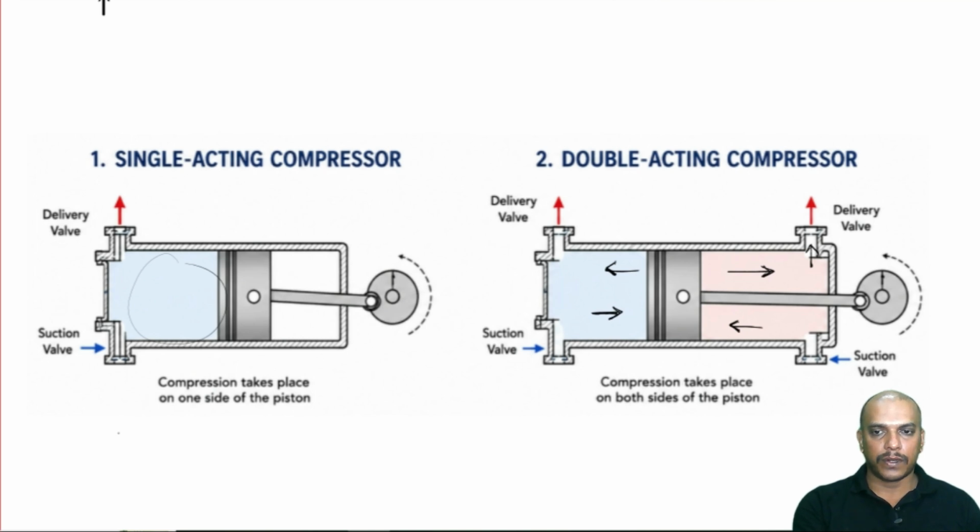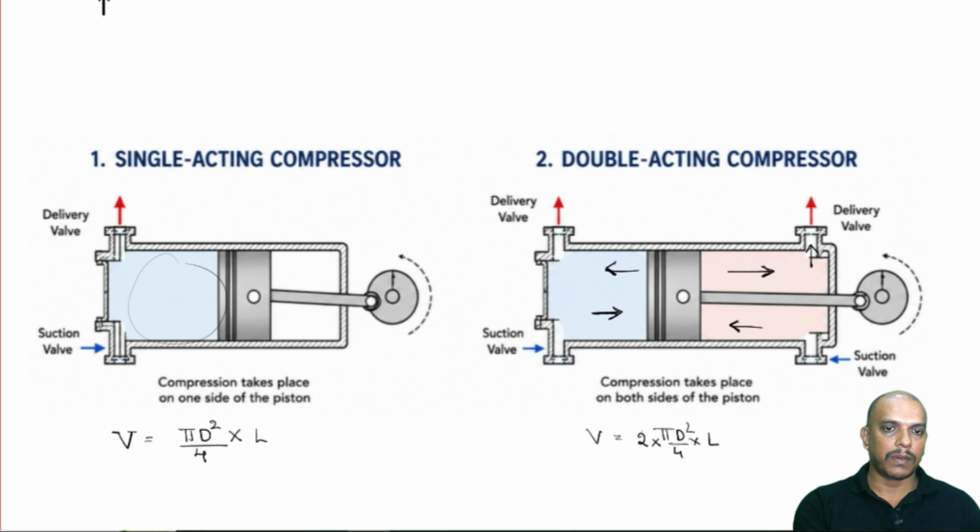So, therefore, if we talk about the volume of gas delivered here, we will be knowing the diameter of the cylinder and length of the stroke. So, this will be pi d square by 4 into length, whereas on this side we will have the same stroke length, but remember we are doing this on both sides.